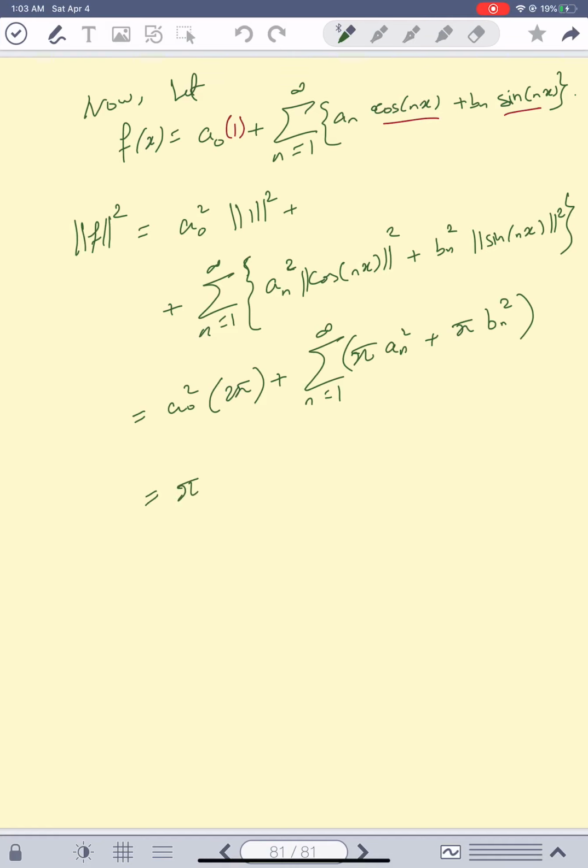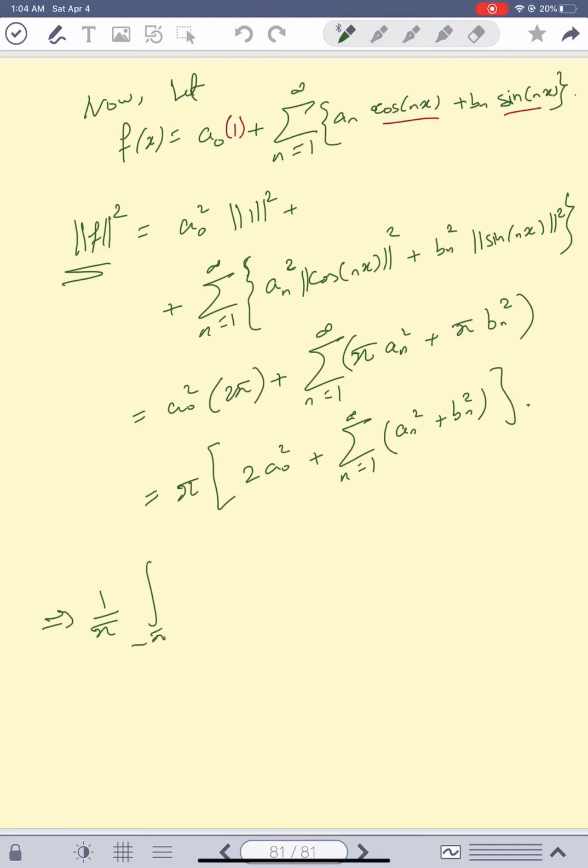If you factor out the pi, you get pi times 2a0 square plus the sum from 1 to infinity of an square plus bn square. Rewriting this, the left side is the magnitude of f square, which is the integral from negative pi to pi of the function square dx. After dividing by pi, that equals 2a0 square plus the sum.